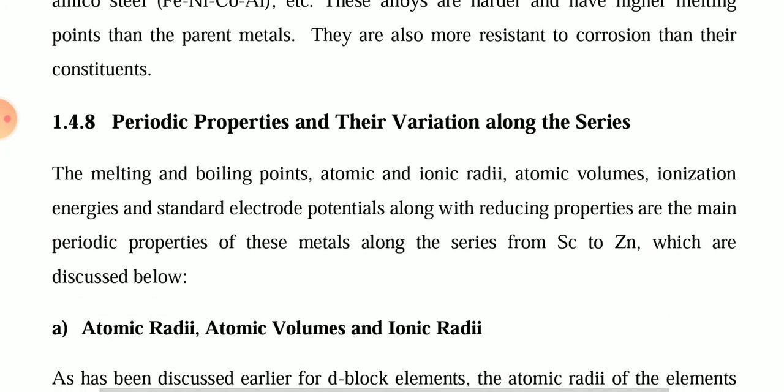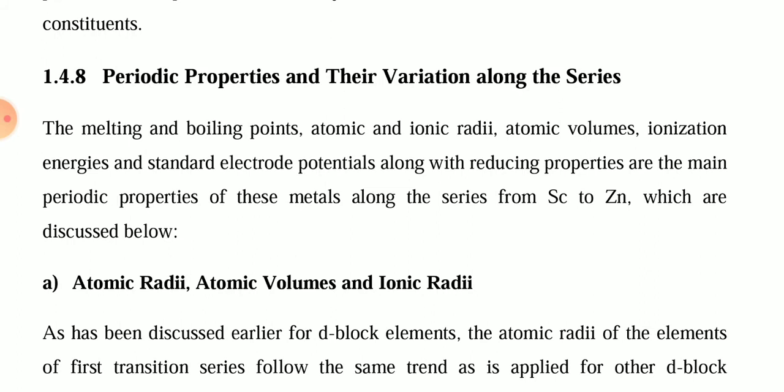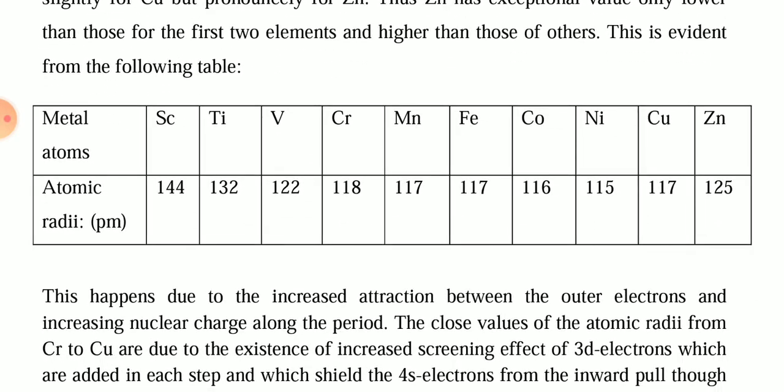Okay, now we can discuss the periodic properties of the first transition series. Okay, so as we know, the melting point, boiling point, and ionic radii are the periodic properties. For the first transition series, you can see the atomic radii.